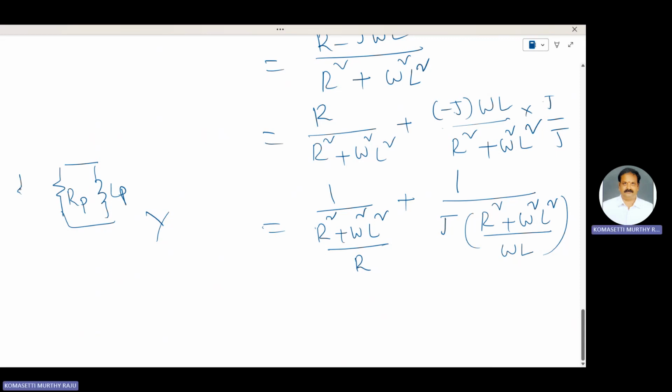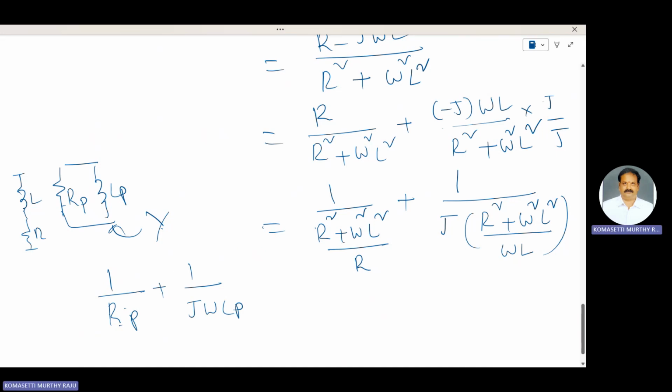Series combination is here L and R. Here Y belongs to this one. That is 1 by RP plus 1 by j omega LP, these two are connected in parallel. 1 by RP.